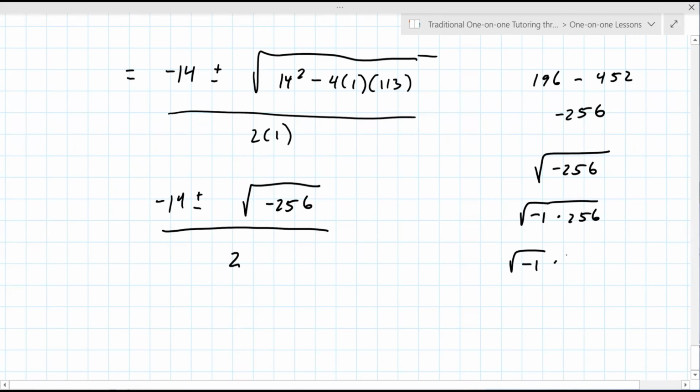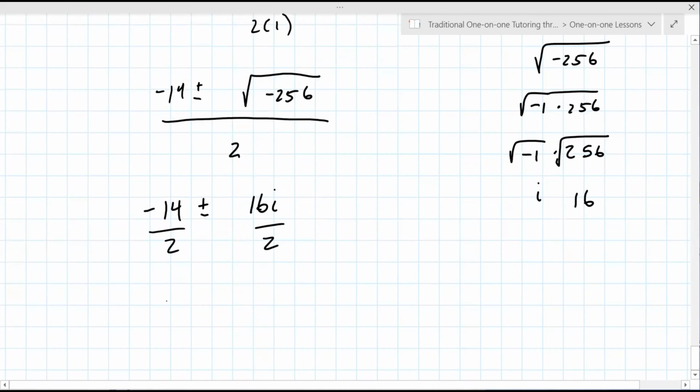So it's the square root of negative 1 times the square root of 256, which is 16. What is the square root of negative 1? i. So it actually is a perfect square. And you divide both of these by 2. So you get negative 7 plus or minus 8i.